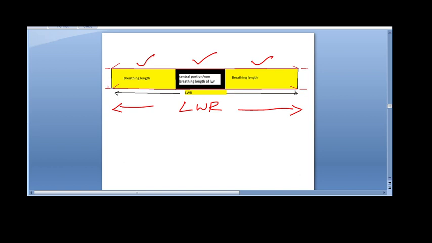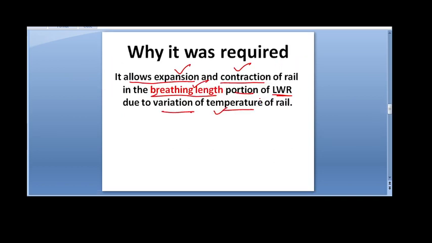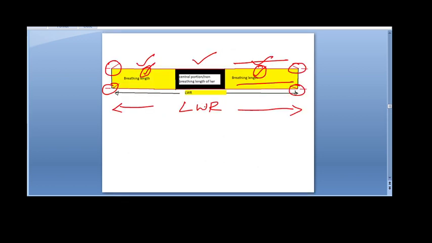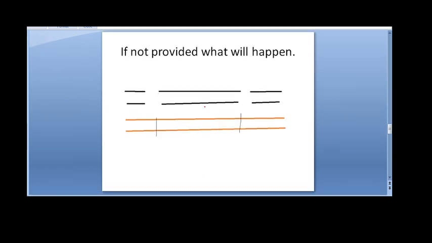For expansion and contraction of this portion we are providing SEJ here, and for expansion and contraction of this portion we are providing SEJ here. I hope this definition was very clear. It allows expansion and contraction of the breathing length portion of LWR due to variation of temperature of the rail.